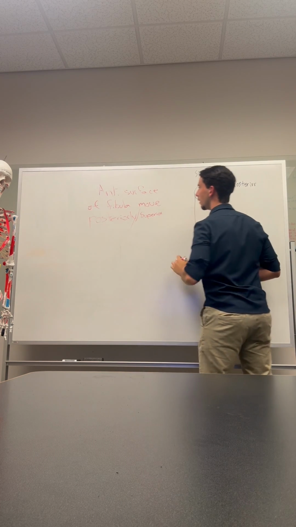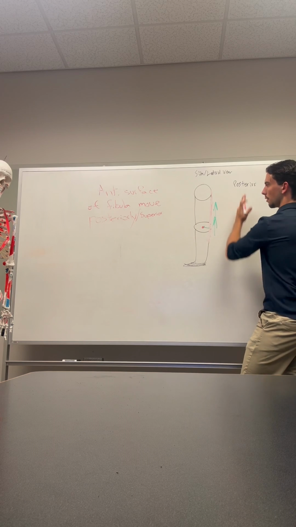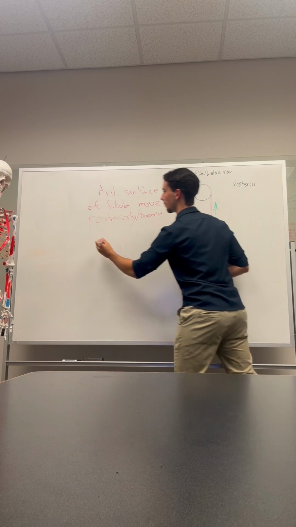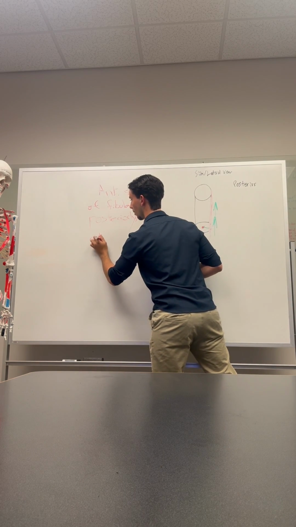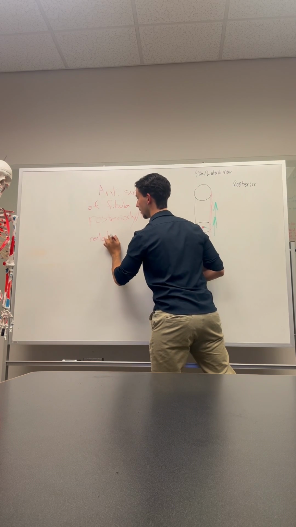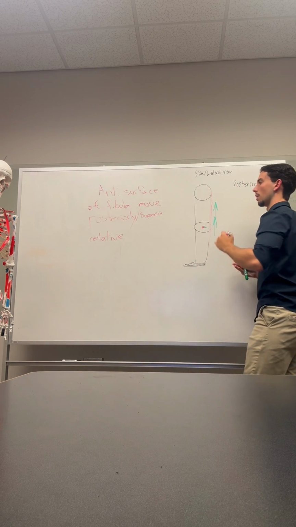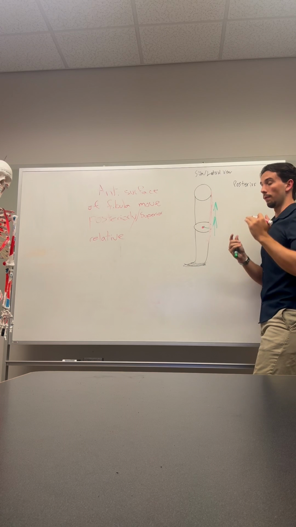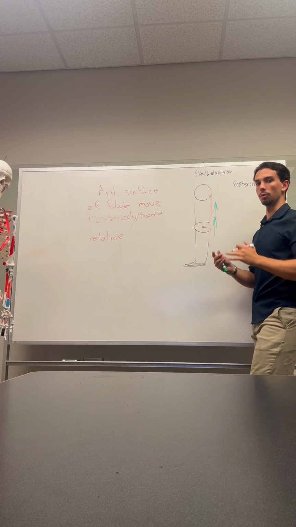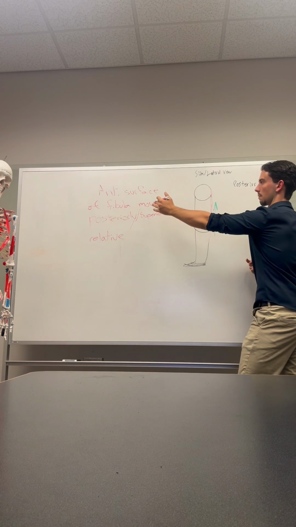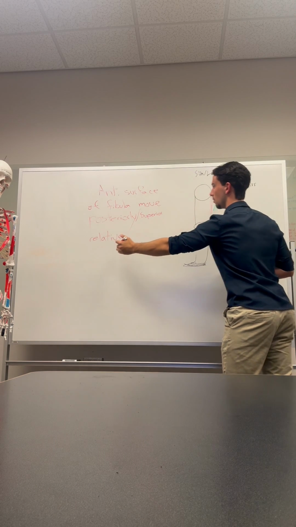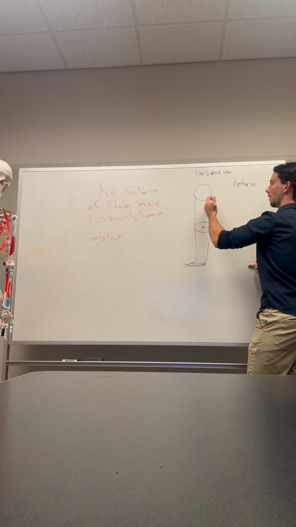Ooh, fancy. Posterior, superior, relative to what? Remember, our nomenclature rules are relative to our proximal segment, and if we're doing open chain, it's going to be our fixed segment. So relative to our proximal segment, what would that be?